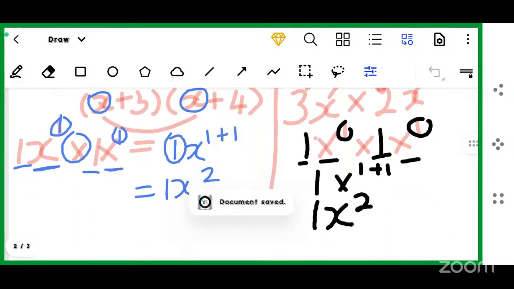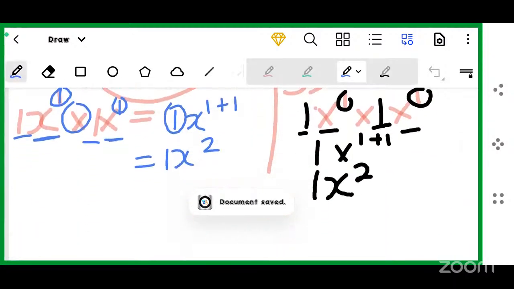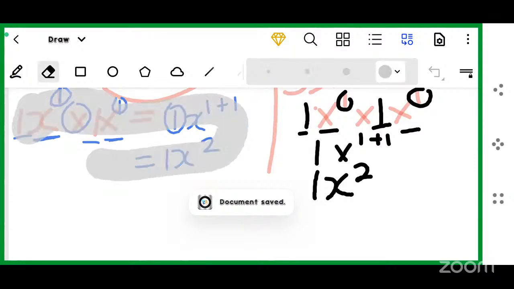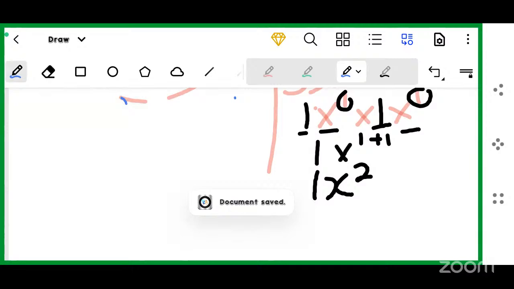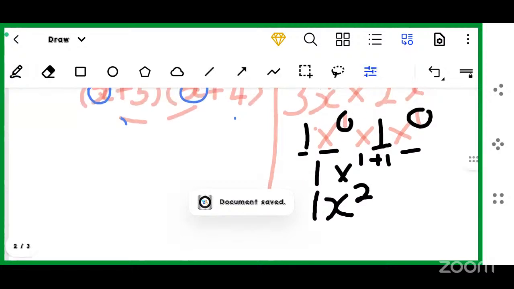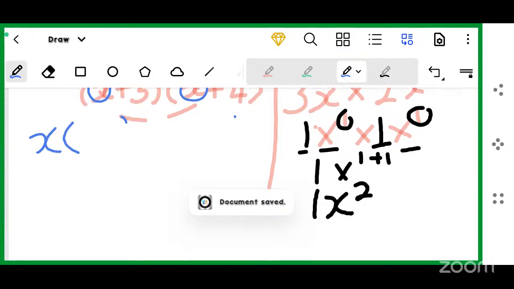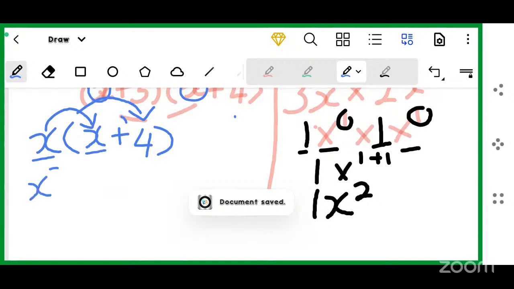So just to simplify things for you guys, let me write it like this. It's gonna be x into x plus 4, close bracket. So first thing first, this is the first, and this is the outer. So the first, you multiply x and x for you to get x squared, and then you multiply the x with the 4 for you to get 4 multiplied by x.